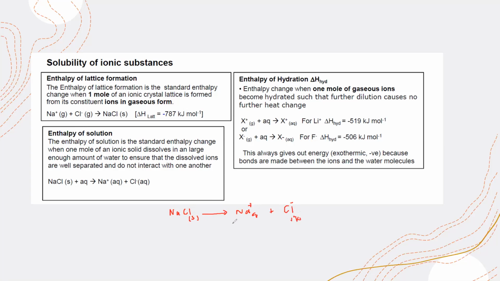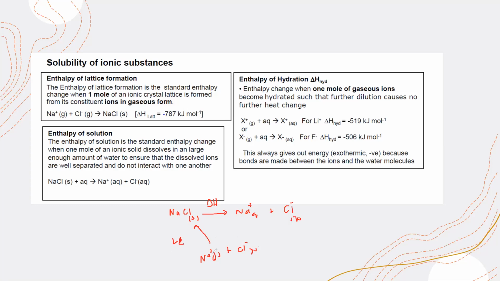So when a solid changes to ions in aqueous state, we call that enthalpy of solution, delta H. But maybe I have sodium ion and chloride ion in a gaseous state, and they form sodium chloride in a solid state. We call this lattice energy.